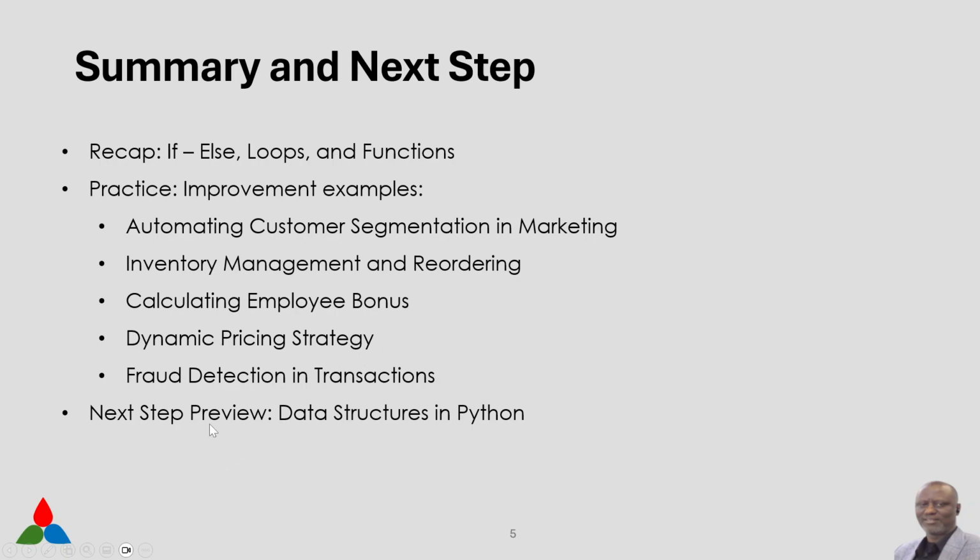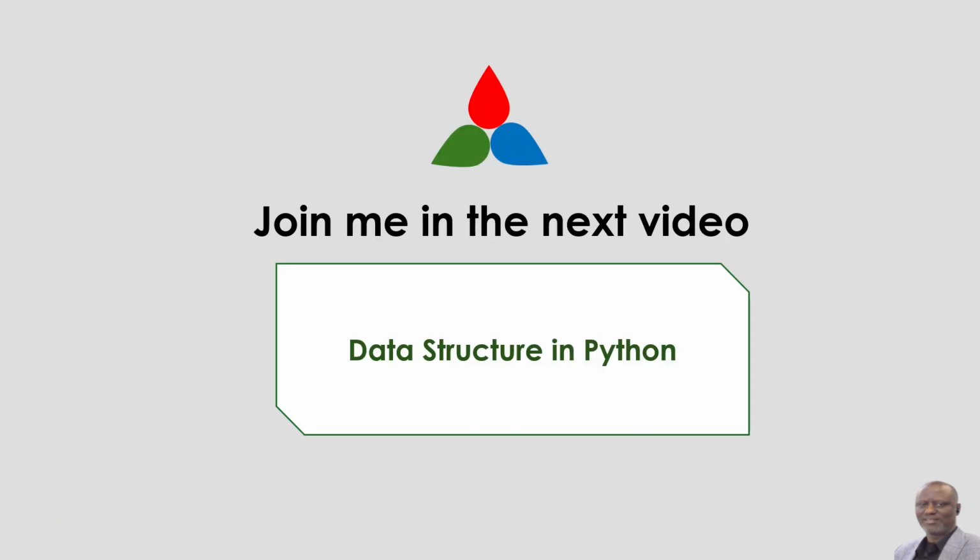Our next step will be on data structure. Join me in the next section titled Data Structure in Python. This will be the last part of basic Python for everyone. After that, we will start Python for data analysts. See you in the next session.